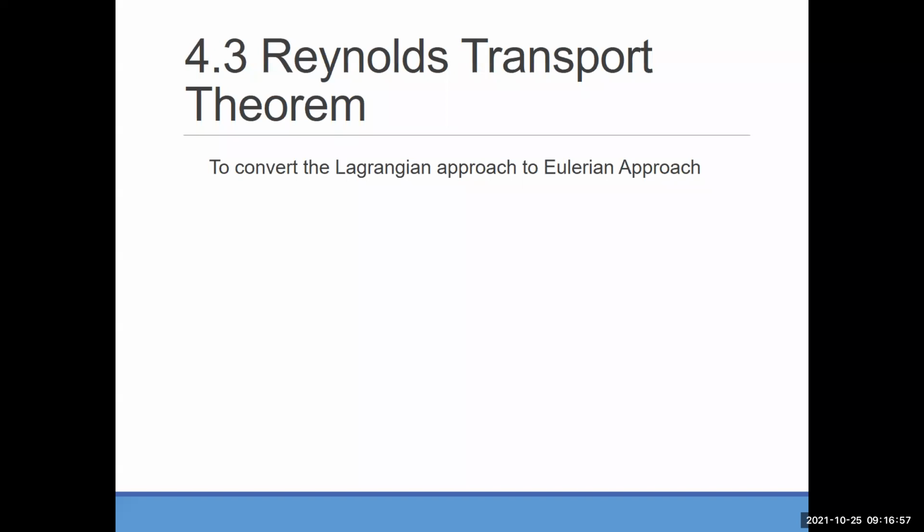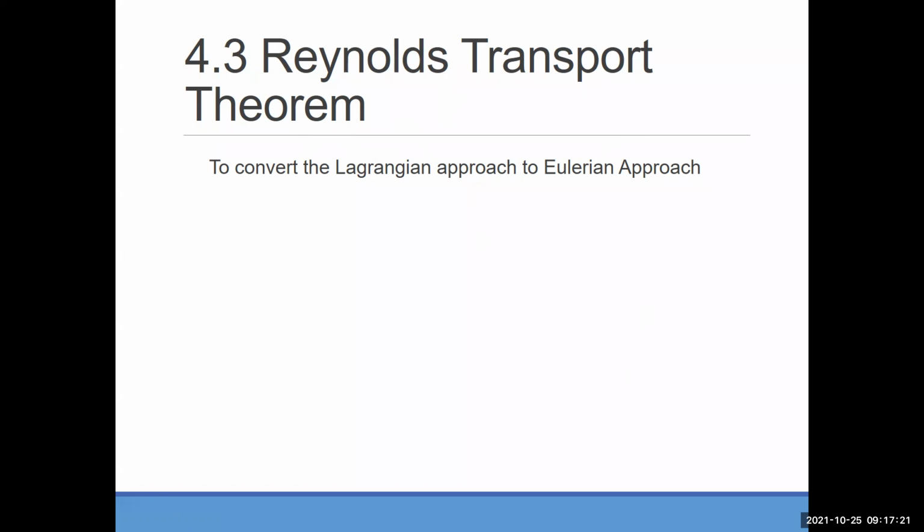And that connection is actually the Reynolds transport theorem. Someone named Osborne Reynolds introduced this one, and we will use this Reynolds thing in other parts of fluid flow also, but not here. So we need to connect these two approaches by the Reynolds transport theorem.